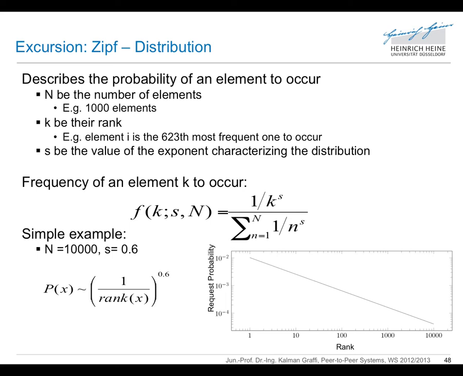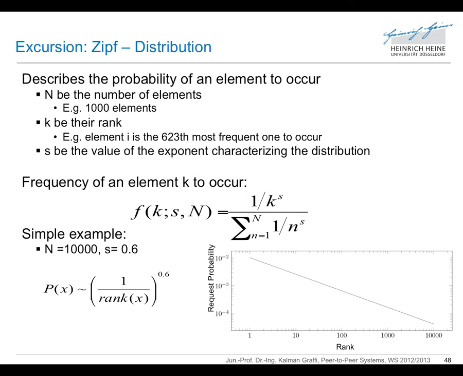So if it's the most popular, then the probability that it's called is 1 to the power of 0.6. And the further away, the less popular the document you're looking for, the smaller the popularity is. And the Zipf distribution looks somehow like this, that you still always apply the same fraction of multiplication to the objects. I'm not sure whether you got the idea, but that will occur more often.